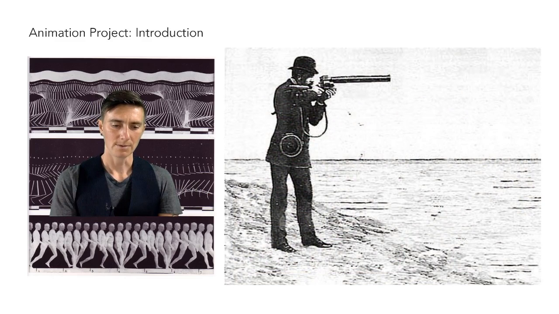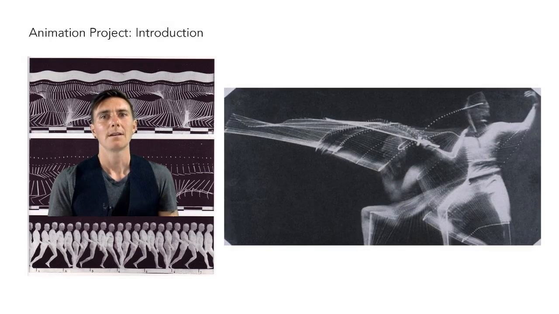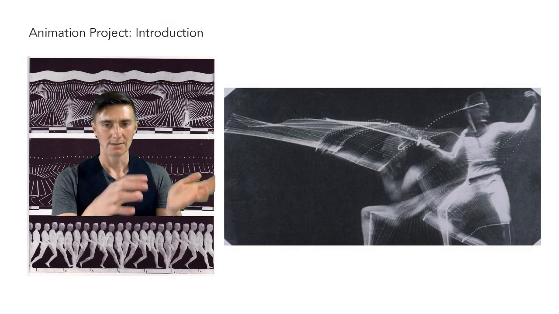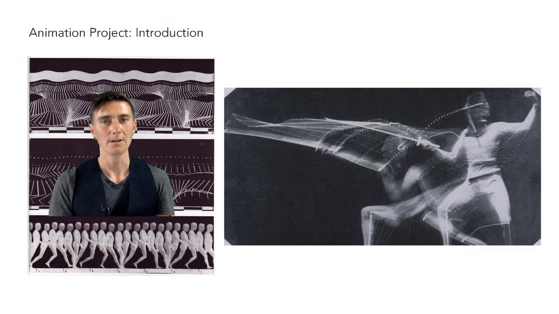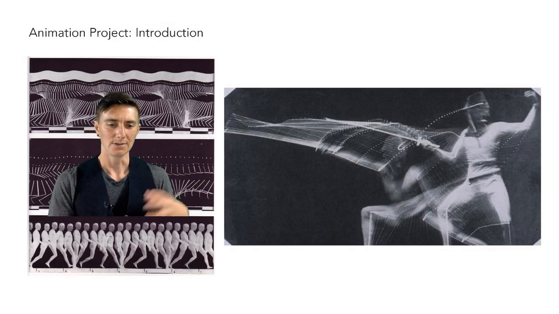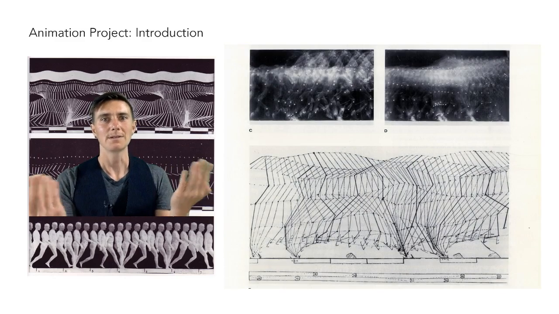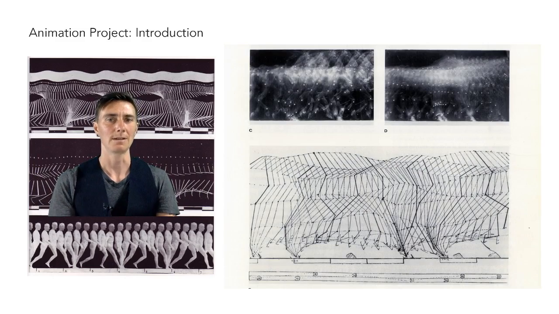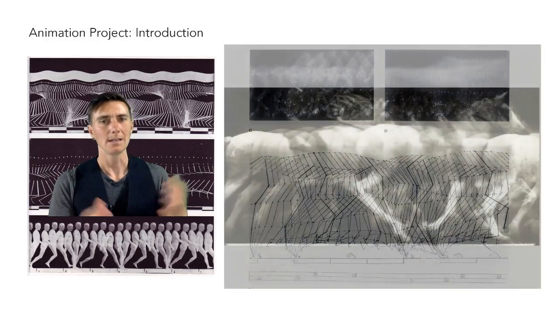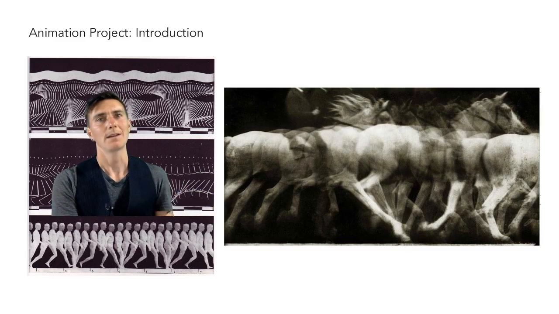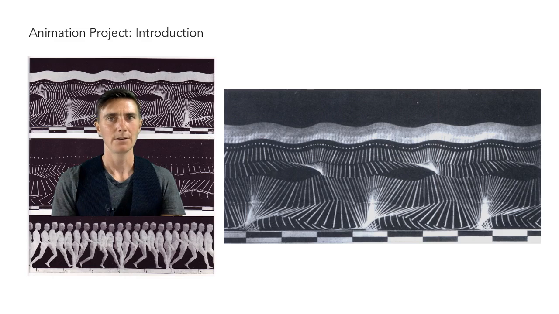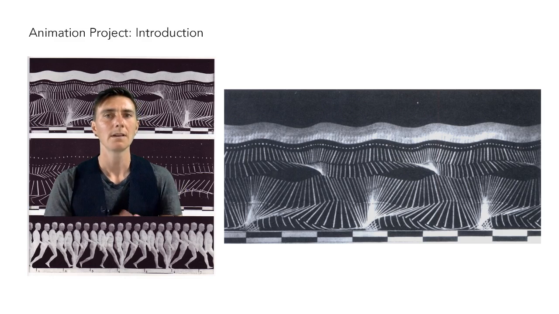So what we're going to be doing is going into the videos, pulling out specific frames that you're then going to base still drawings on in Illustrator, and then you're going to take those still drawings that you've made and create a single still composition that still communicates motion and movement. And then the last step, you're going to take all those illustrations, bring them back into Photoshop, and then animate them. Each of these steps is going to be gone into detail in the next upcoming videos.